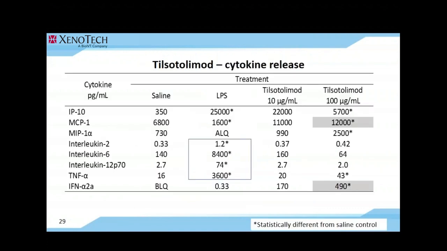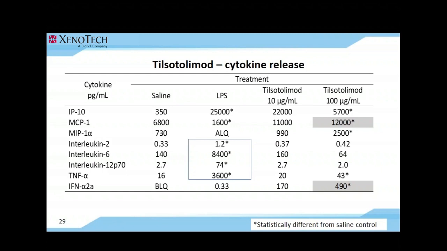Following our study design, blood was treated with controls, saline and LPS, and 2 concentrations of the drug. I would like to add that LPS is an agonist of toll-like receptor 4, while tilsotolimod is an agonist of toll-like receptor number 9.